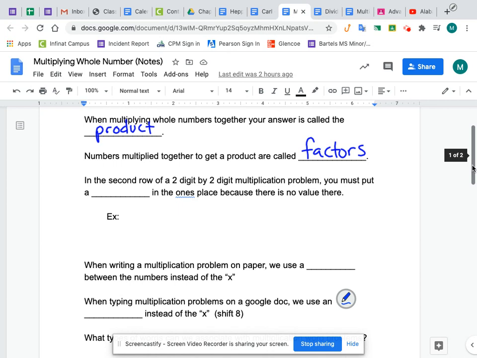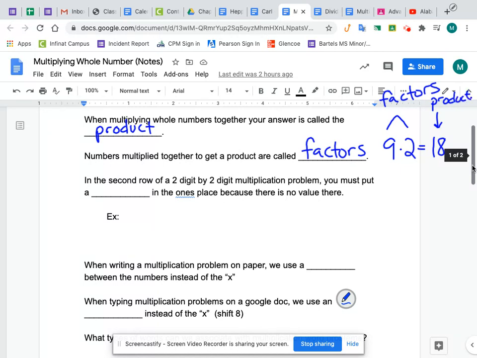I have an example here of 9 times 2 equals 18. Well, 9 and 2 are factors, and then 18 would be your product.